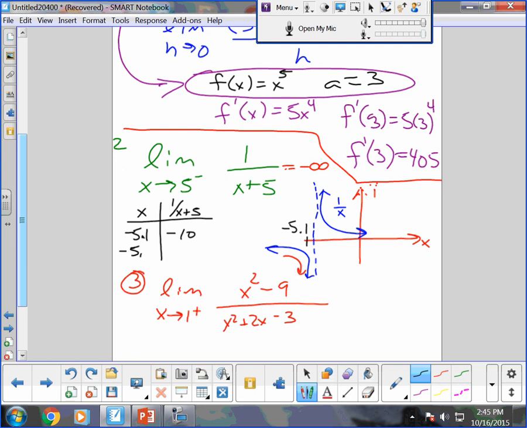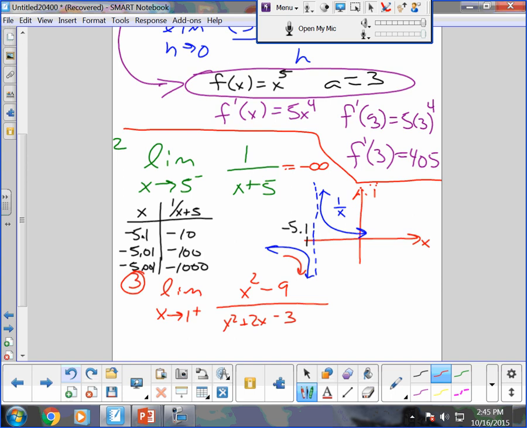Then if I try negative 5.01, something a little closer, I get negative 100. Then I put in negative 5.001, I get negative 1,000. You guys see how this runs away to negative infinity now? I'm getting this value right here by plugging this in for x. Just an xy table. That method works also.